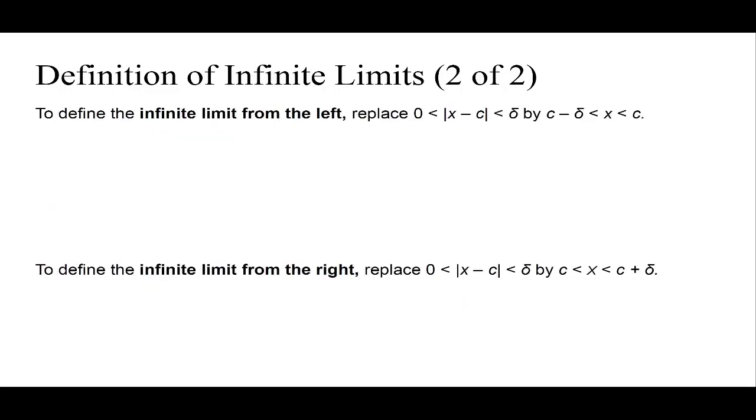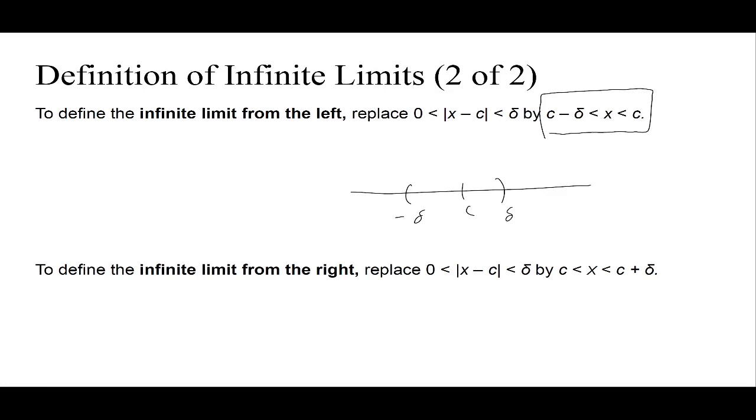If we are talking about the infinite limit from the left, then we always keep x on the left side. Here is the c, and you are trying to create an open interval around c. This is positive delta, this is negative delta.